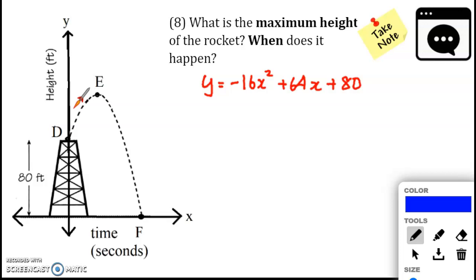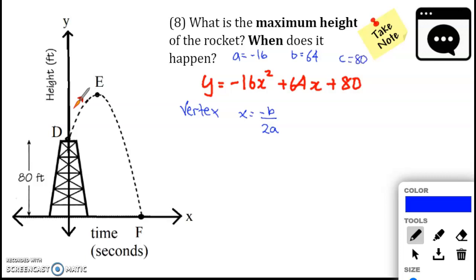Okay, how do we find the vertex when we're trying to from the standard form? We need to do x is equal to, we use the formula negative b over 2a, where a is the number in front of x squared, that's negative 16. B is the number in front of x, that's positive 64. And c is the constant, which is 80.